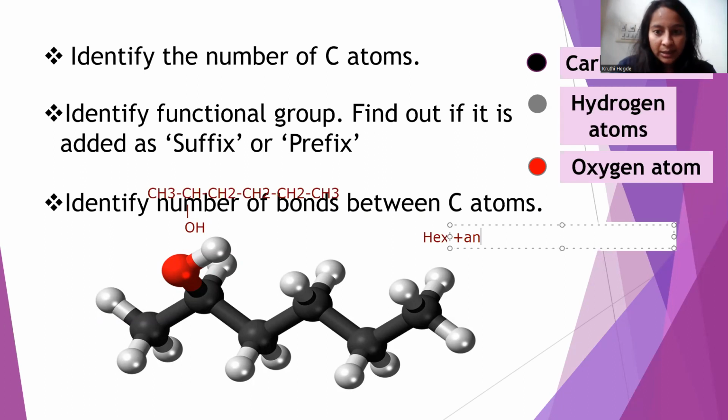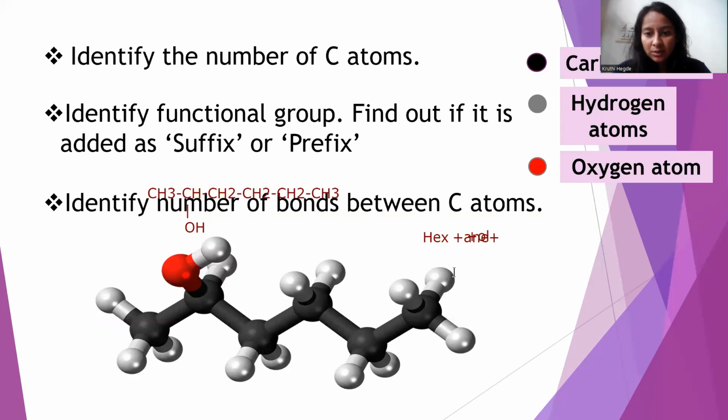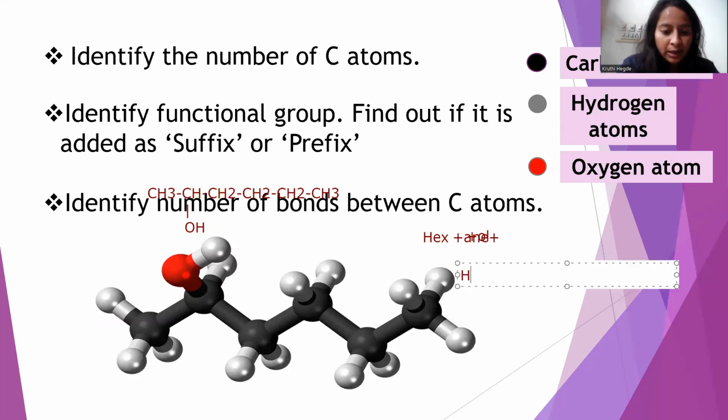Let me write here again: hex because 6 carbon atoms, plus ANE because single bond, OL because alcohol is present.